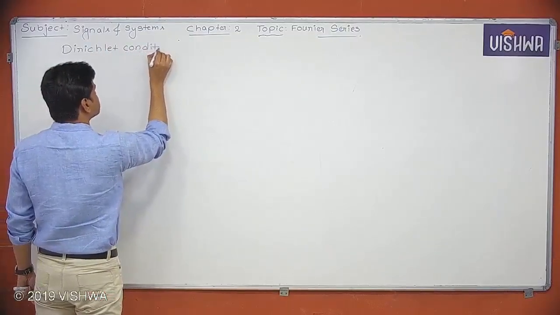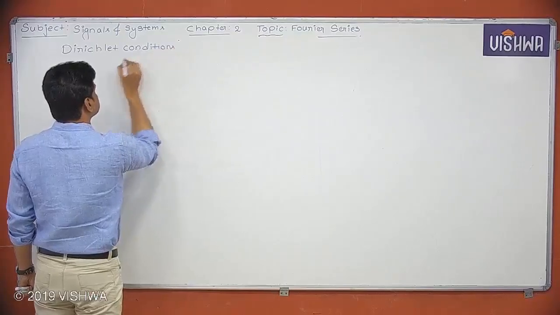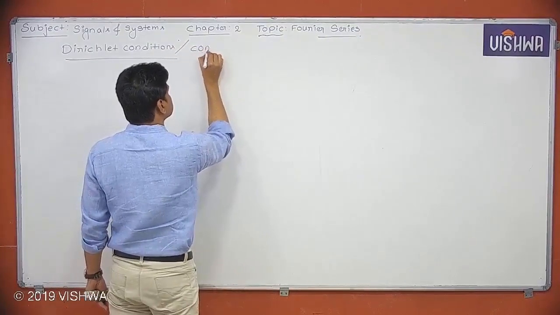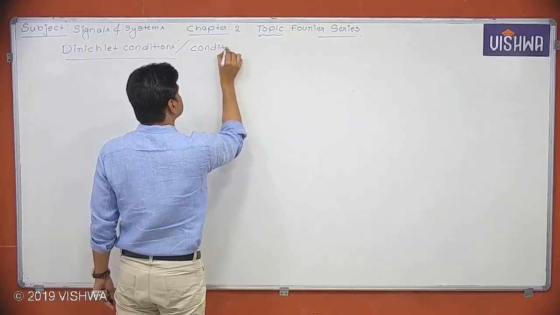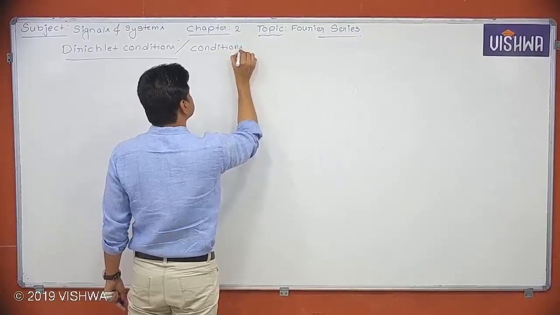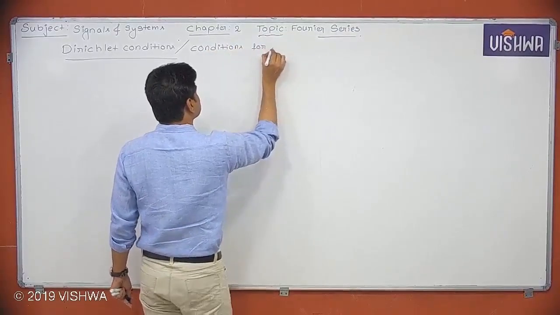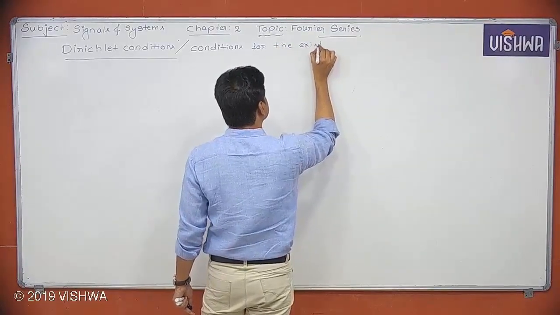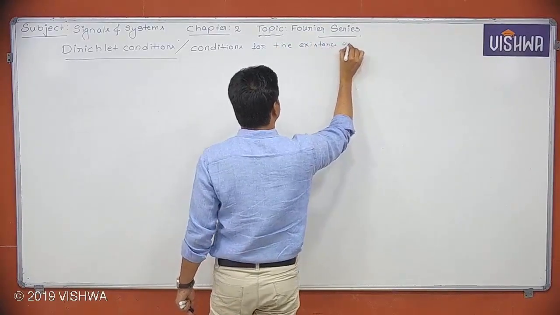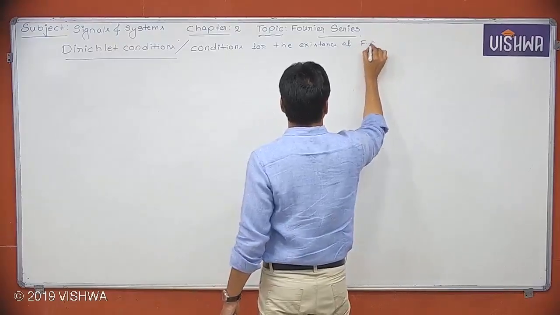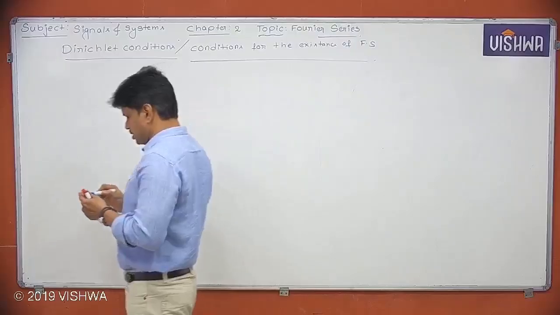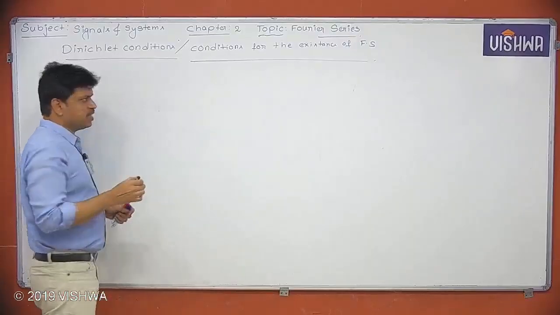Dirichlet conditions, or we can say conditions for the existence of Fourier series. So we are having three Dirichlet conditions here.